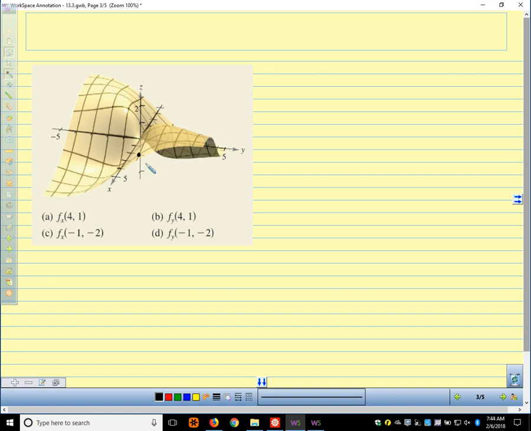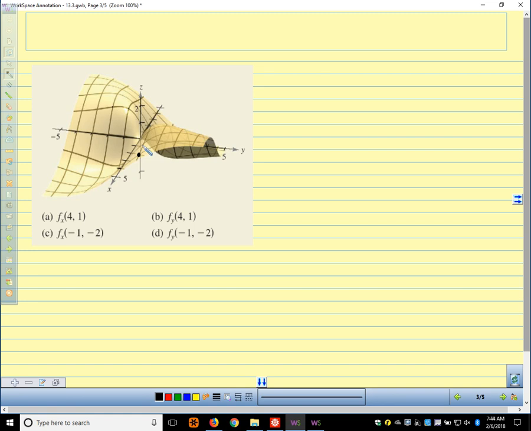So the partial derivative with respect to x: as we move in the positive x direction, are we going uphill or downhill? Downhill. I would say it looks like we're going downhill there. Yeah, so the surface kind of does this and then it's doing that.